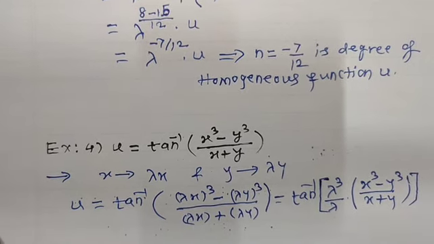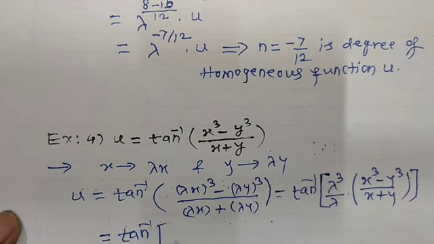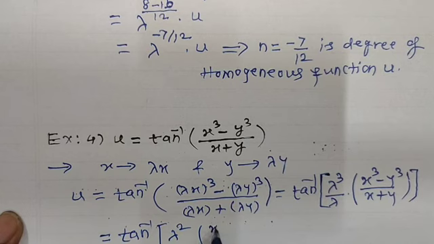After this, it is equal to tan inverse of lambda cube upon lambda, that is nothing but lambda square, times x cube minus y cube divided by x plus y.